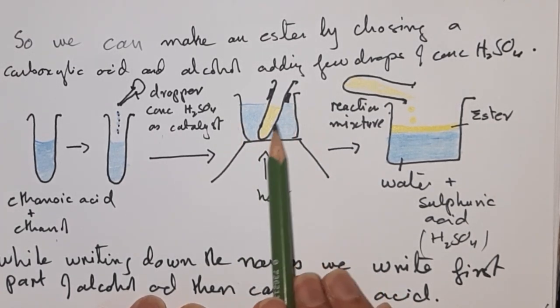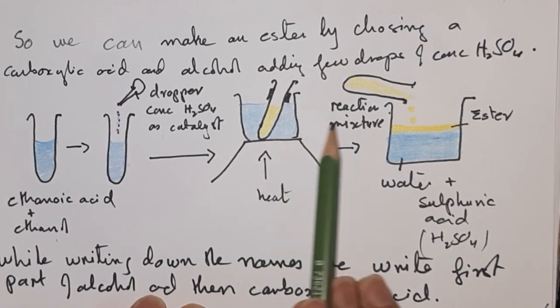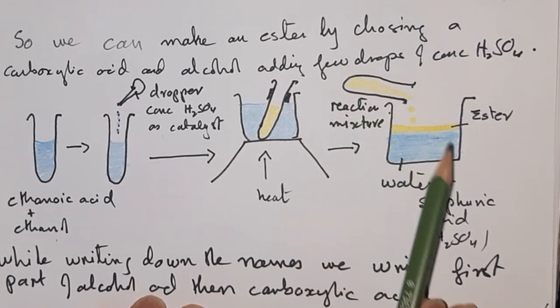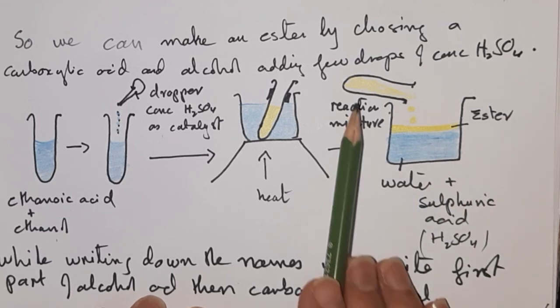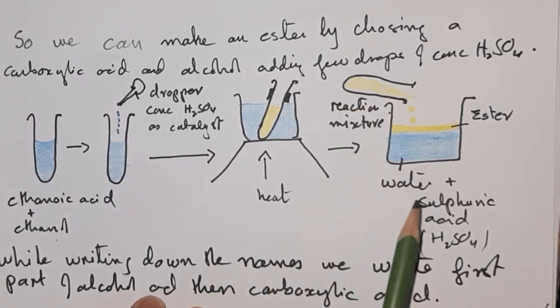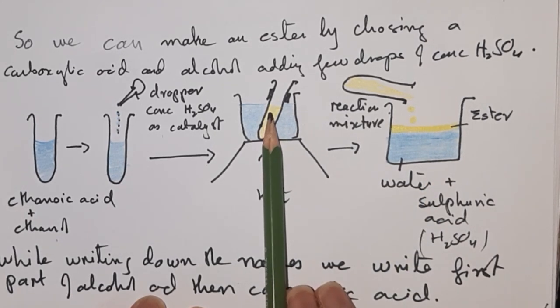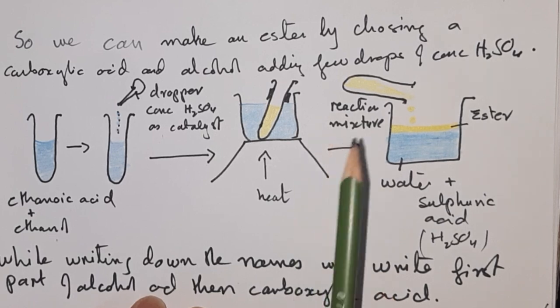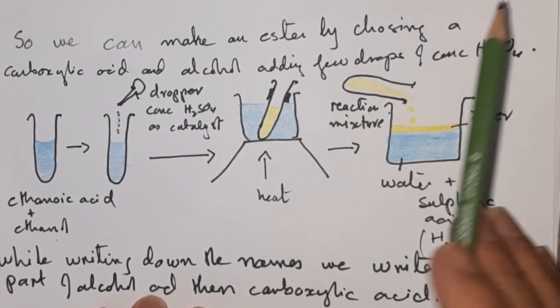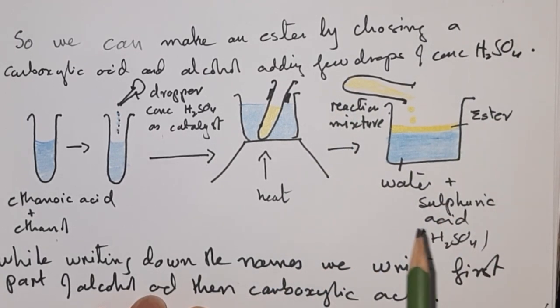Now once the ester is formed, the reaction mixture is poured onto water. Now this one has sulfuric acid. This is going to be water plus sulfuric acid because it had water and sulfuric acid over here. One of the products of esterification is water, you know.